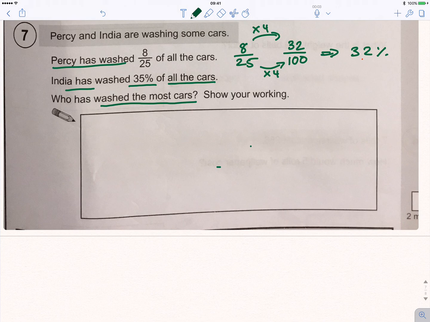So we say India has washed the most cars.